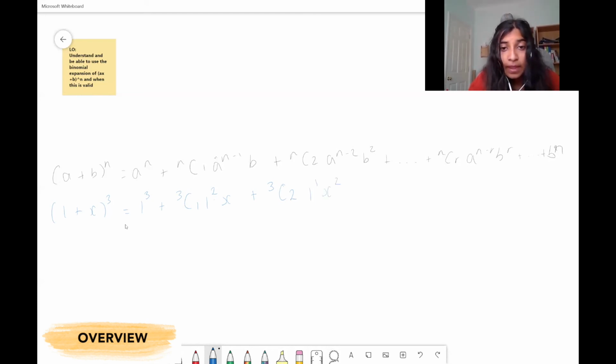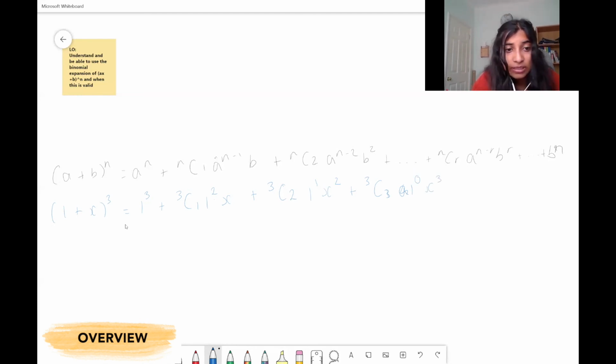And then your last one would be plus nC3, so you just keep increasing, 3C3, a to the power of 3 minus 3, which is just 0, times x to the power of 3.